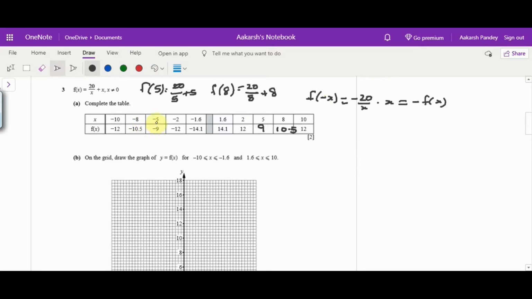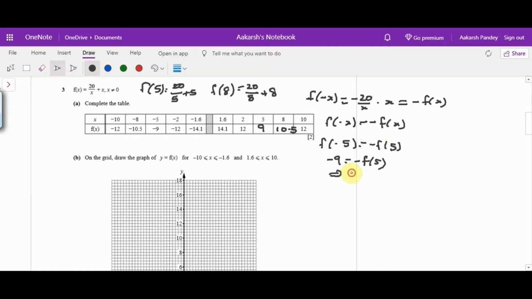So f of minus 5, what we know is f of minus x is equal to minus f of x. Now because I was given f of minus 5, I know that f of minus 5 is equal to minus f of 5. So f of minus 5 is minus 9, that is equal to minus f of 5.